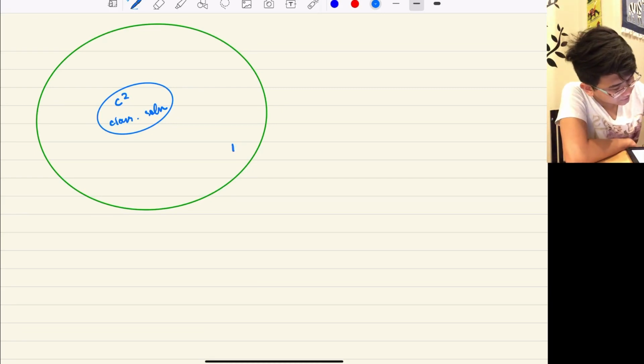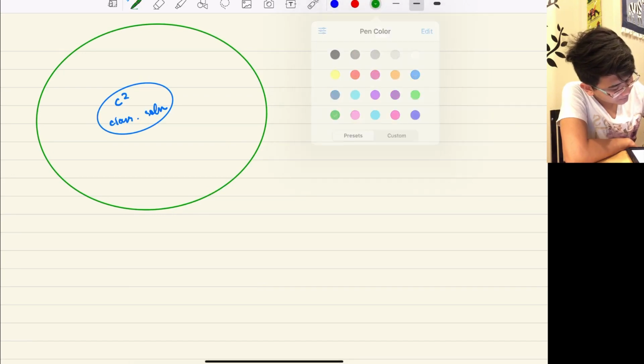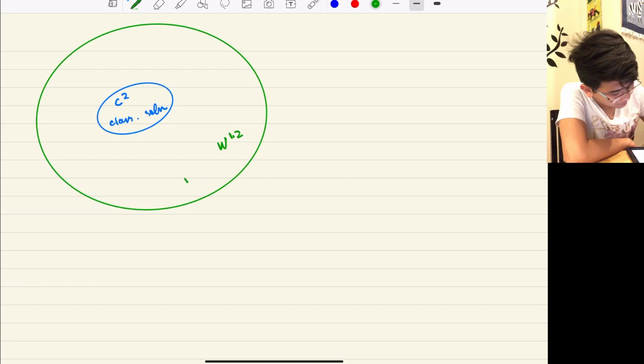Let's just put in W^{1,2}, weak solution.